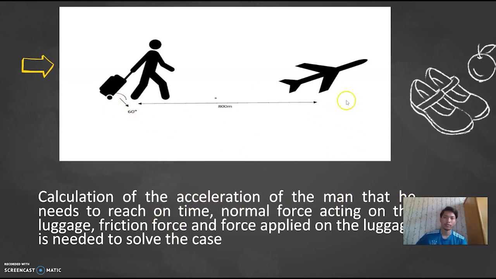He has to arrive in 10 minutes, so we need to calculate how much he needs to accelerate in order to arrive at the departure port on time. We need the normal force acting on the luggage, the friction force between the floor and the luggage, and the force applied on the luggage, which means the force applied by the man on the luggage. That's what we need to solve the case. That's all for me. Thank you.